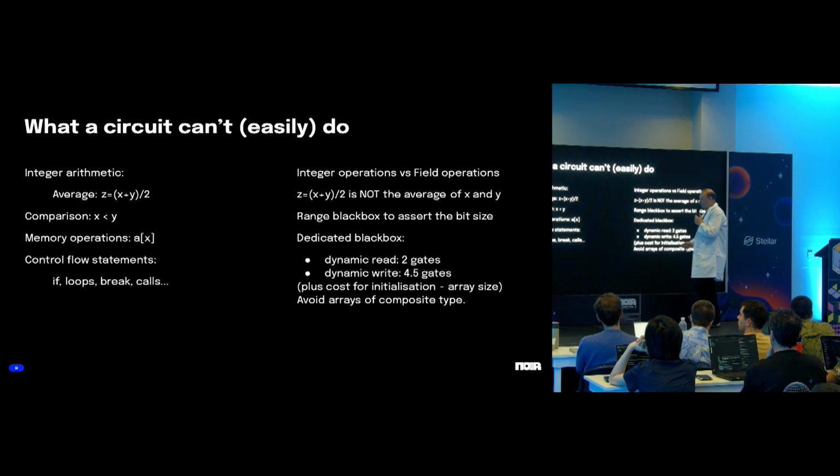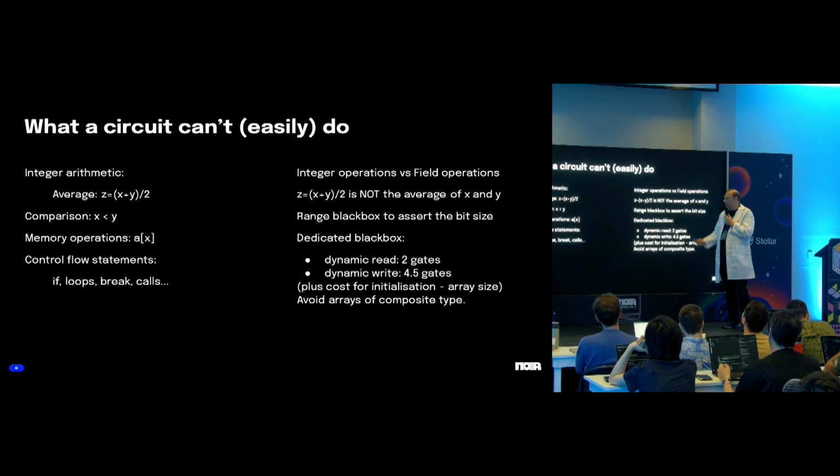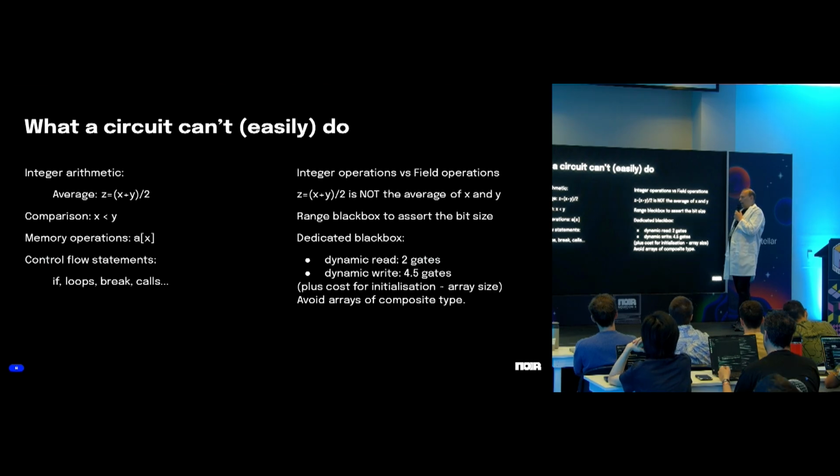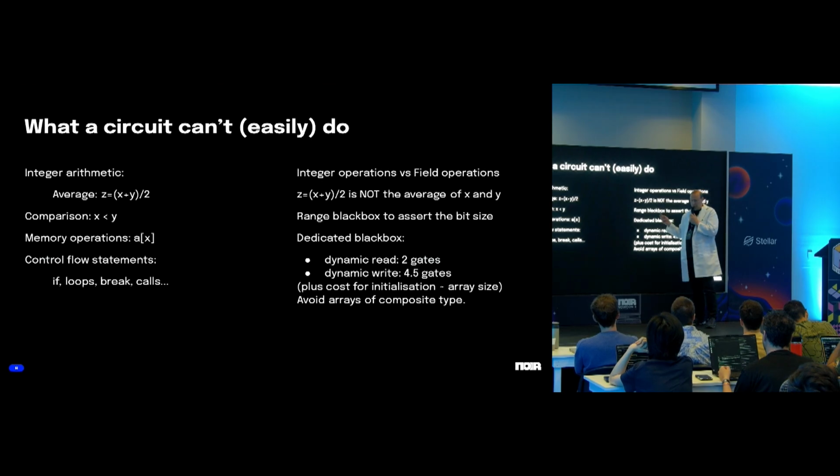Another thing that is not easy to do is a comparison, because it's not an arithmetic operation. So, like, everything that you cannot do in a circuit, you need to emulate it, and this is very costly. So, fortunately, for comparison, we can use black box functions, which we call range checks.